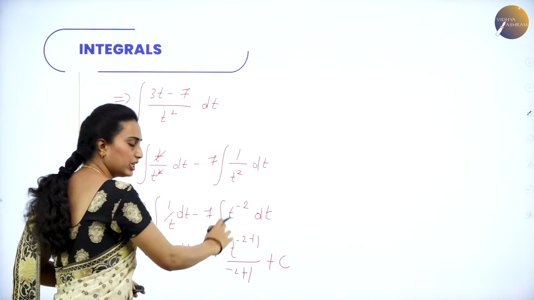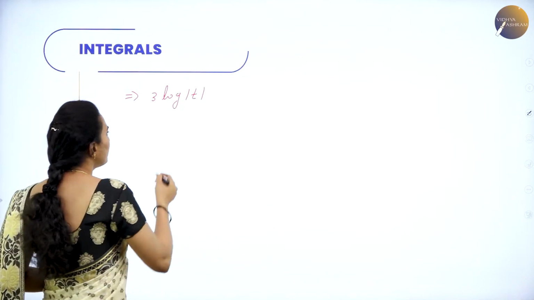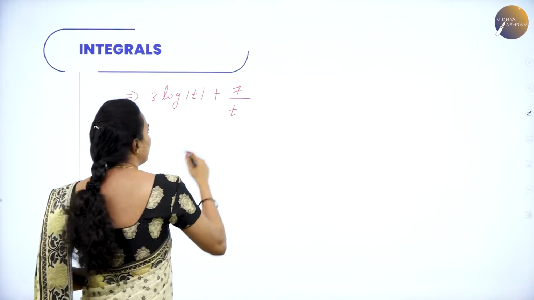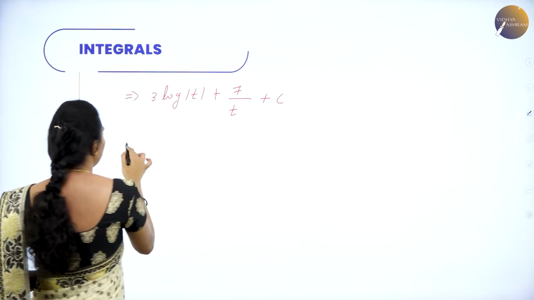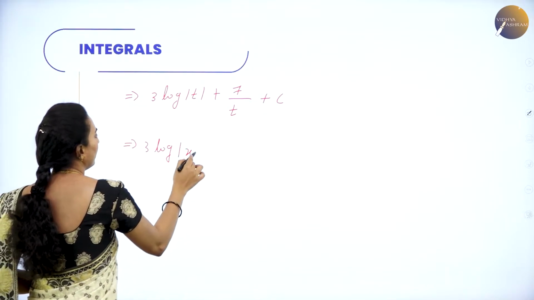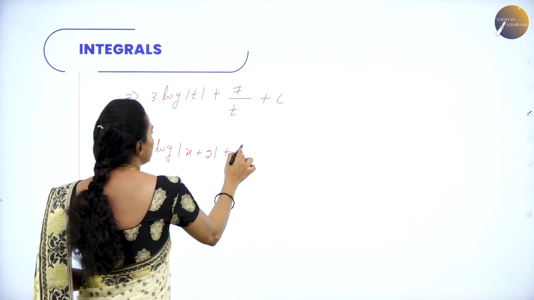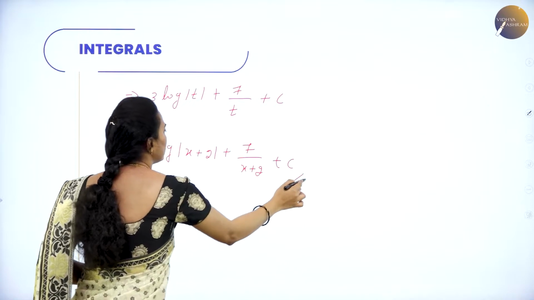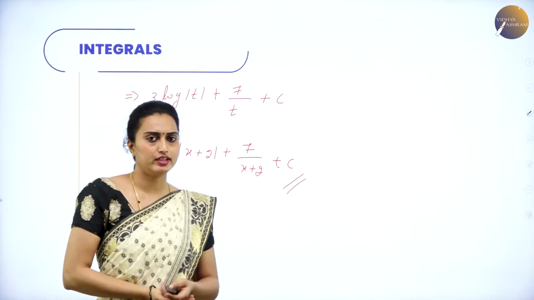Again t to the power of minus 1 will come to the denominator, which will become plus 7 divided by t, plus c. Now substituting back for t, you are getting 3 into log of modulus of x plus 2, plus 7 divided by x plus 2, plus c. And this is your final answer, dear students.